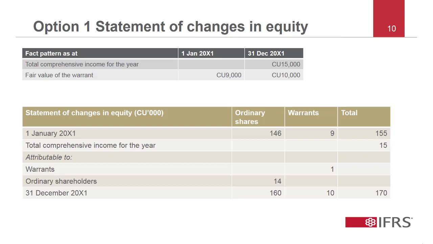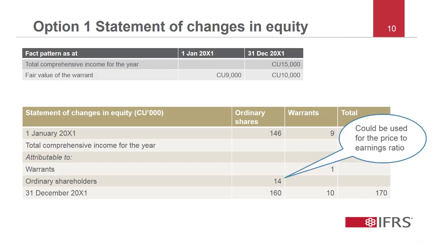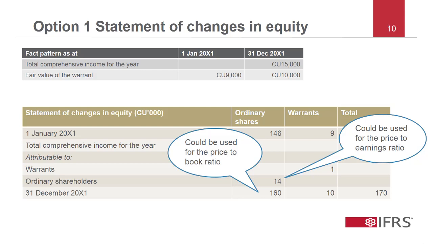The board thinks that the residual income attributed to ordinary shares could be used for price to earnings type ratios, whereas the carrying amount at the reporting date could be used for price to book type ratios.